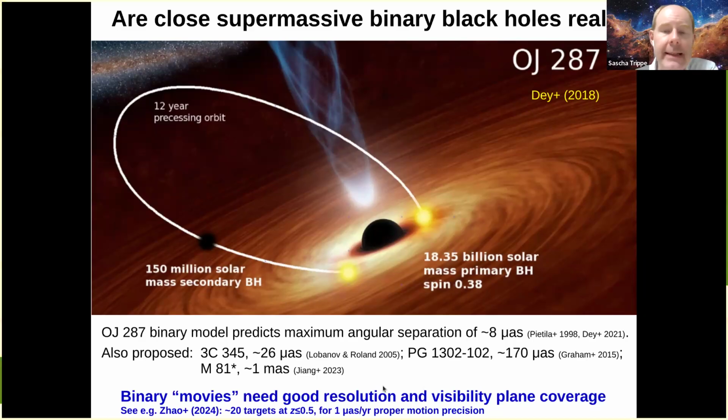And indeed, if we want to solve the puzzle, are we really looking at a binary black hole here, or maybe at something else? So we need multiple observations, because there may be two objects or two active nuclei moving relative to each other. And we need a very good image quality, very good visibility plane, Fourier plane coverage, for interferometric observations, because we need a complete 2D picture of what's happening in this system.